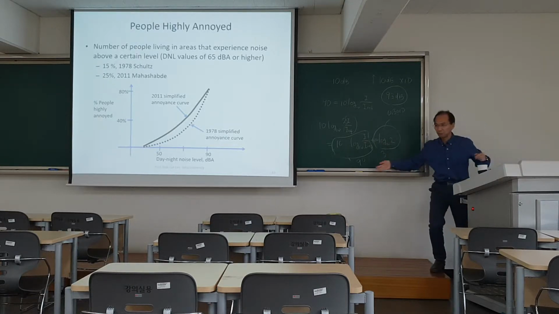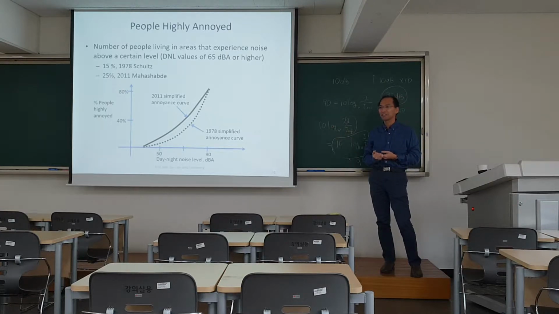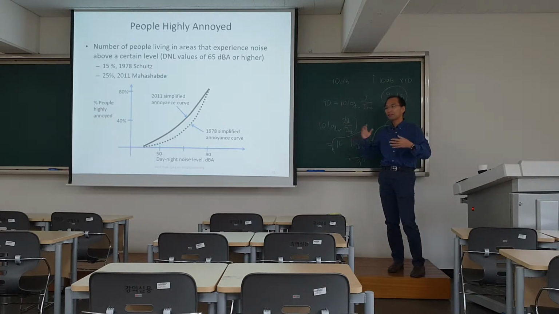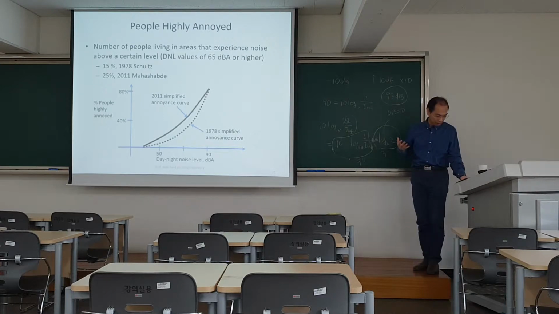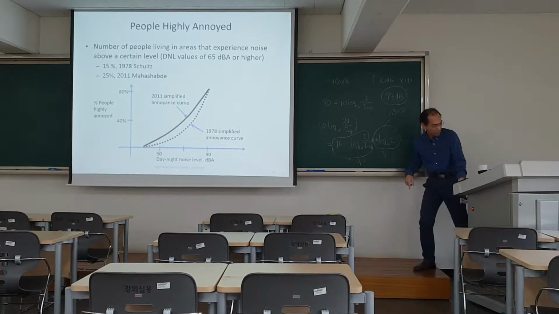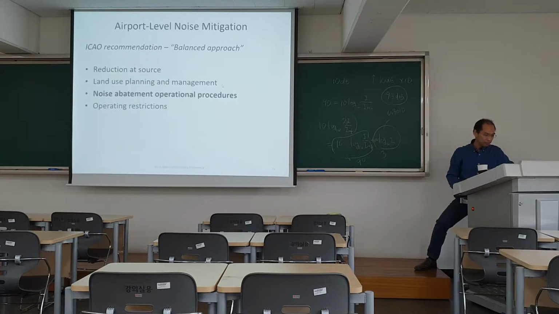However, a more recent 2011 study says 25% of the people complained. So everything's getting quieter and quieter over time, and people's perception threshold against noise is coming down and down. That's another issue of aircraft noise.